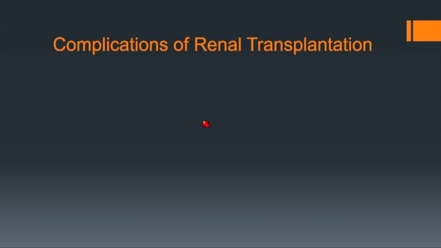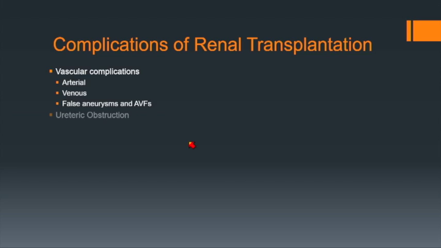This is a brief review of the complications of renal transplantation. Vascular complications can be in the artery or the vein, and you can have false aneurysms and arteriovenous fistulae. You can get ureteric obstruction, fluid collections, extrinsic compression. So these categories overlap to a certain extent.